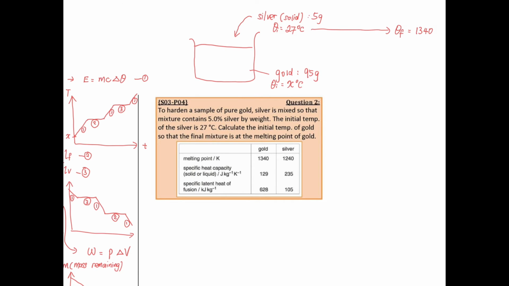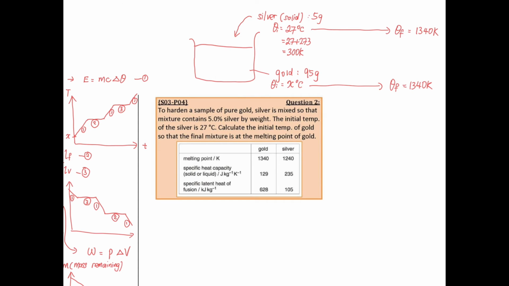So this is 27 degrees Celsius. 27 plus 273 equal to 300 Kelvin. And at the end you have to reach 1340 Kelvin. So this one has to reach 1340 Kelvin as well, which is the melting point of gold.